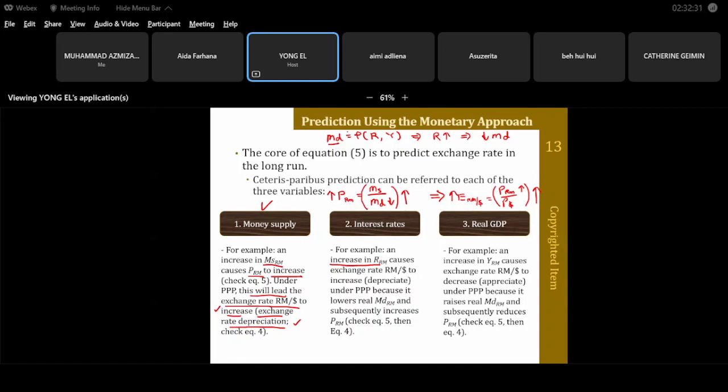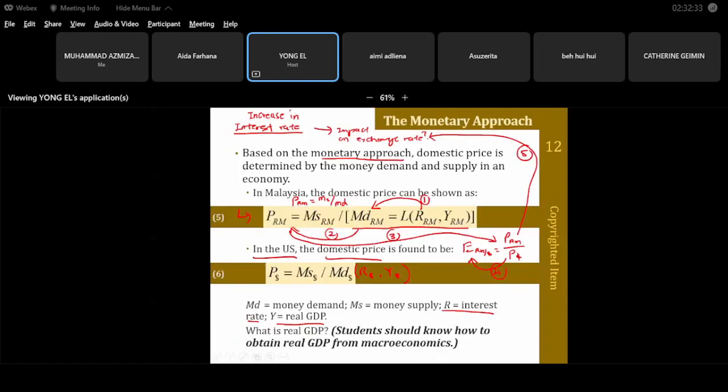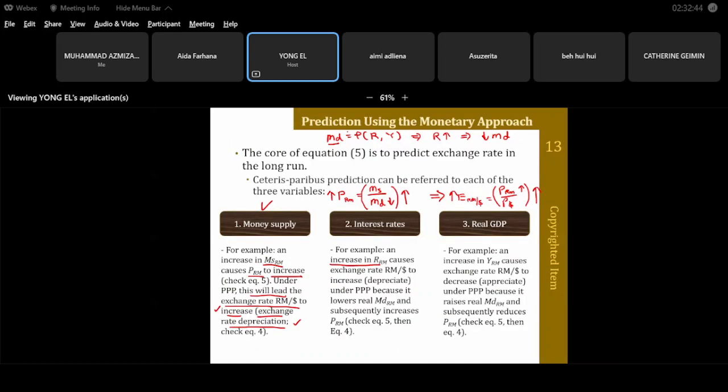Before, the answers to this question, just now I asked these questions right here. What happens when interest rate increases? What is the impact on exchange rate? From this discussion, number two, you should understand an increase in interest rate can cause the exchange rate to increase, or depreciate, just like what I explained above here, because it lowers the real money demand and subsequently increases the price.